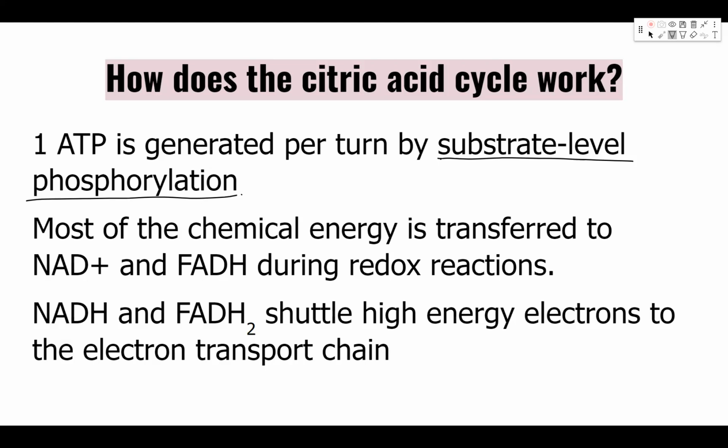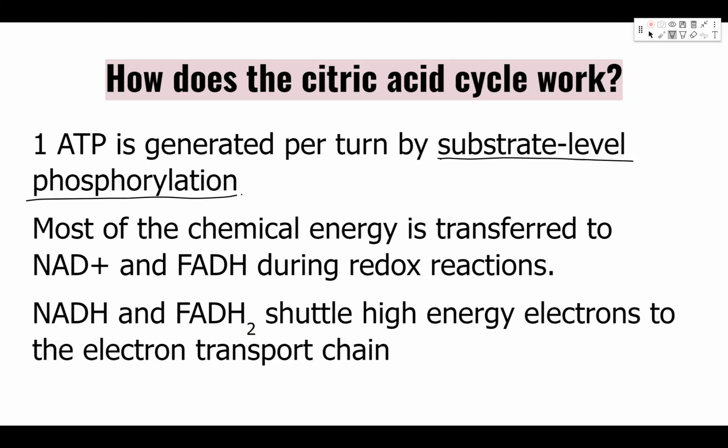Most of the ATP that is made in cell respiration is not synthesized through substrate level phosphorylation, which is why we make this distinction. And it's a really long phrase. It just means not using ATP synthase, essentially.